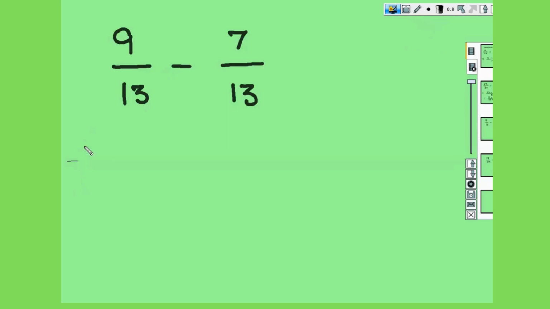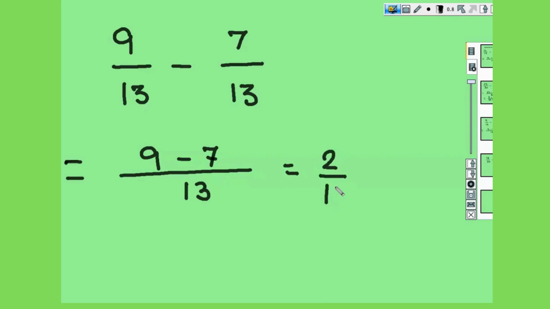So 13 is the common denominator. We give an equal to sign. We write down the common denominator 13, and over here it's 9 minus 7, which is simply 2 upon 13. 2 is the numerator, 13 is the denominator, and that's it.